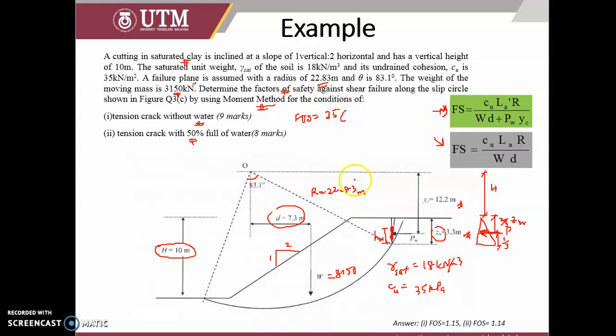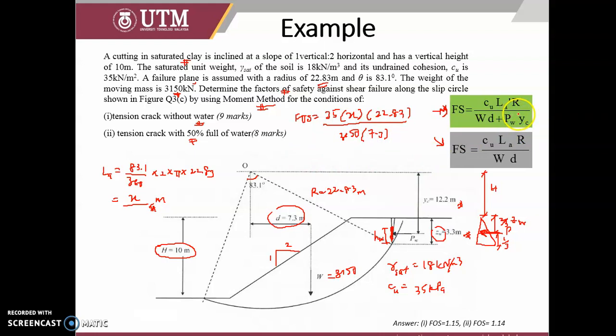LA is not given, so this one we need to calculate. So LA is 83.1 times 360 times pi times 22.83. So we can get the value in meters. Let's say this is X, times the X at 22. W is 3150. D is given. So we can get the FOS.